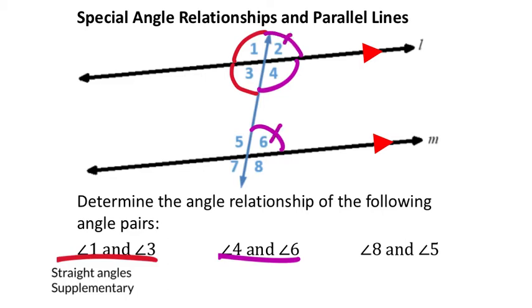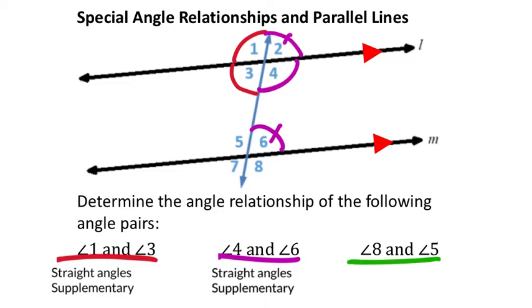So that also would mean that angles 4 and 6 would be supplementary or straight angles. And that'll be crucial because sometimes they'll do that to you. They'll say, what is this relationship? And it doesn't look like they're right next to each other, which they aren't. But since angle 6 and 2 are the same, because the lines are parallel, that makes them corresponding, and corresponding angles are congruent when lines are parallel.